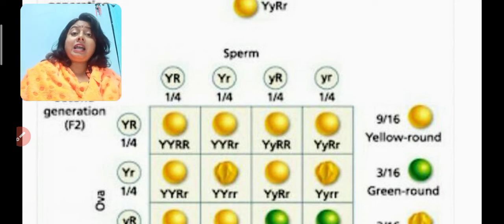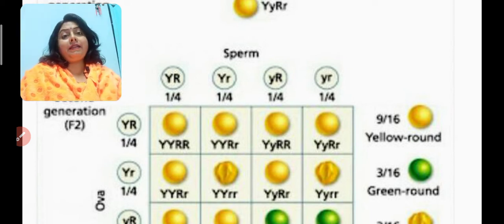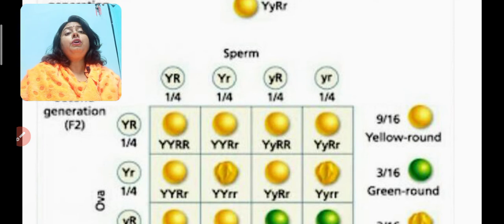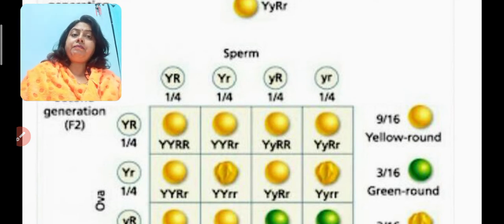So, each gamete will have one member of both the traits. In this way, 4 types of gametes would be formed for each of the male and the female plant.